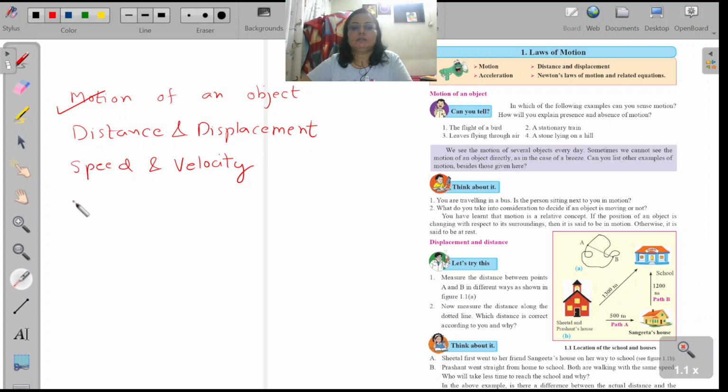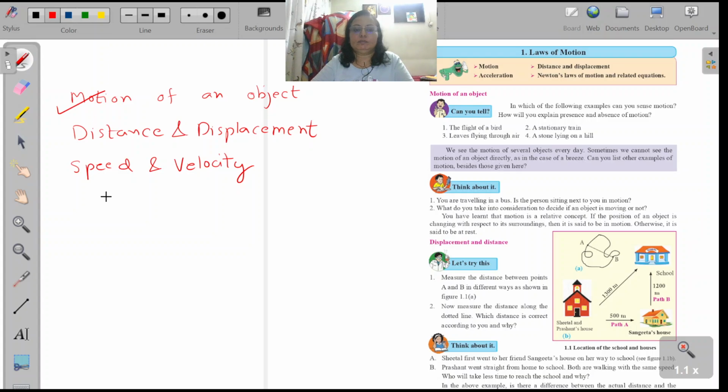Now, there is a situation which I am going to give you. For example, you are in a bus. There is a person sitting next to you. Is that person sitting next to you in motion? No, the person sitting next to me is not in motion with respect to me.